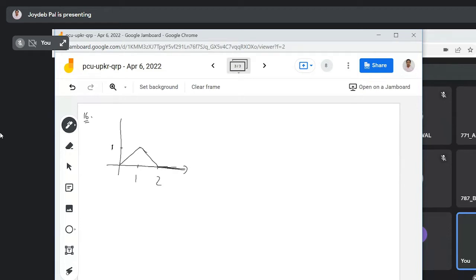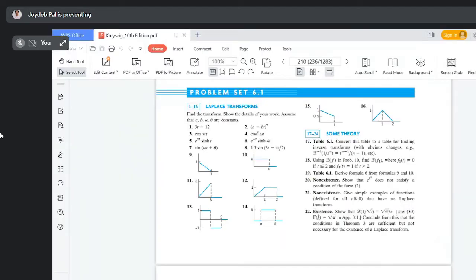You see, I am drawing in bold, meaning the equation of that part is also given. See, the blue color line is there after 2 also, right?